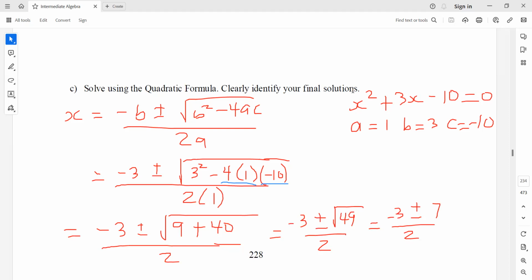So at this point, I'm going to change this to a blue. I'm going to have x equals negative 3 plus 7 over 2, or x equals negative 3 minus 7 over 2.